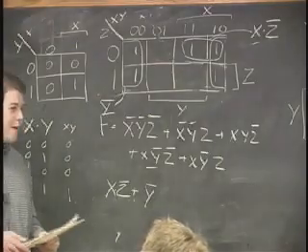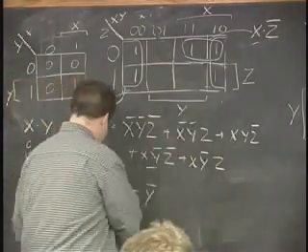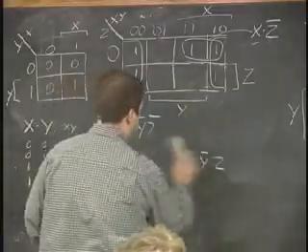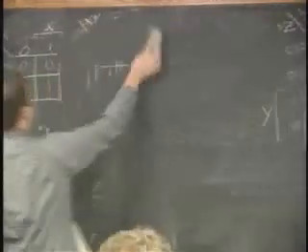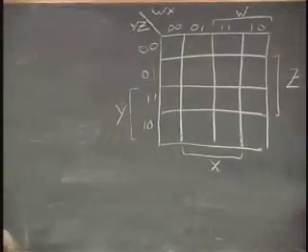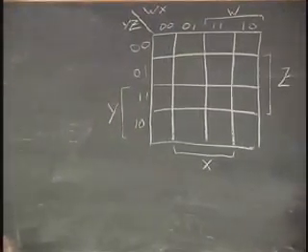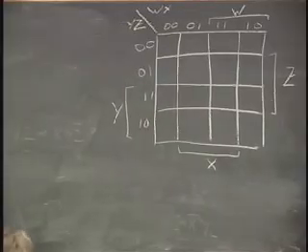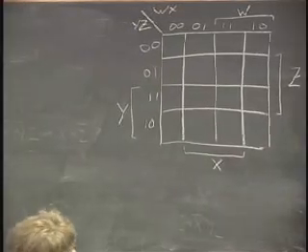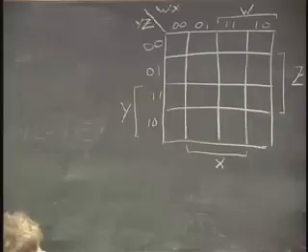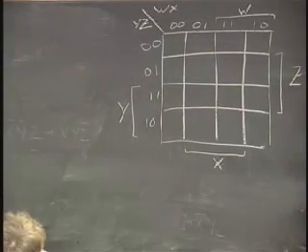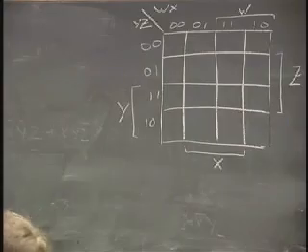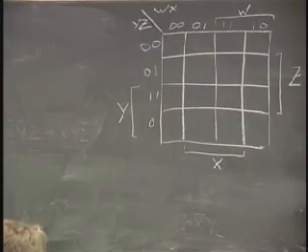Let's do something a little more complicated. Let's move to the big one. From an algebraic point of view, x dot y plus x dot not y equals x times y or not y in parentheses, which is x or true, which is x.